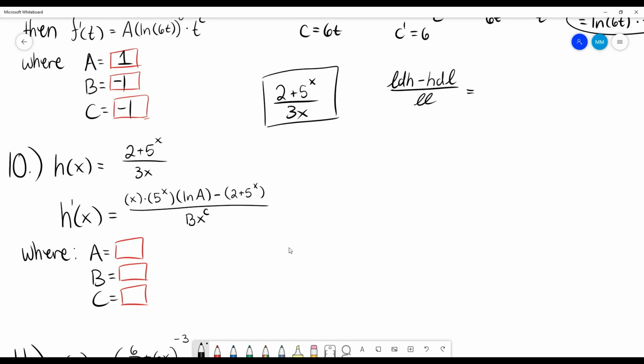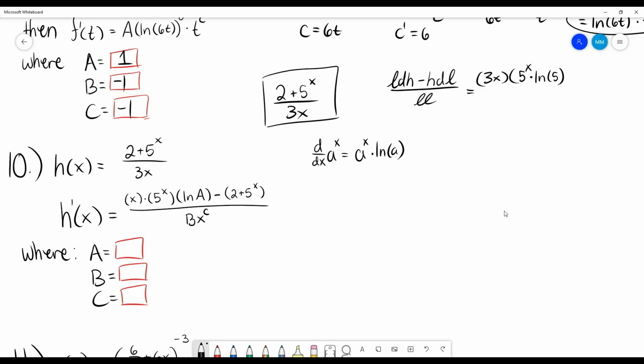So I'm going to rewrite that. That's our bottom term, 3x, times the derivative of our top. And like I said before, the derivative of a to the power of x is going to be a to the power of x times the natural log of a. So I know the derivative of a constant is 0, so it's just going to be 5 to the x times the natural log of 5.